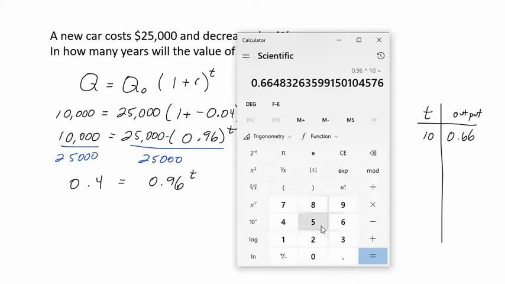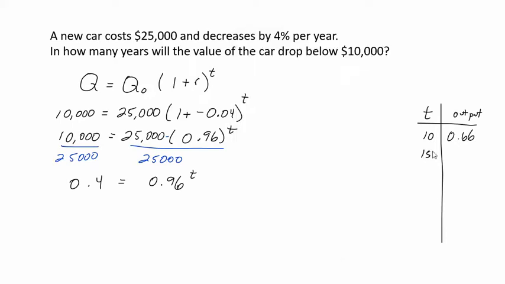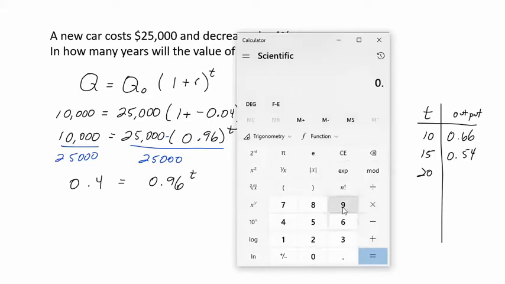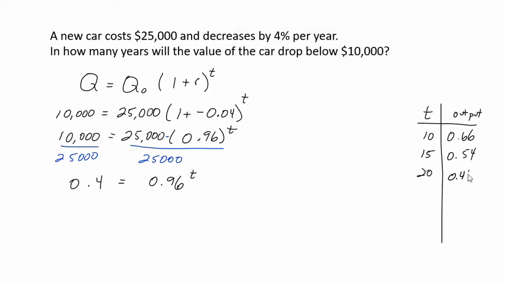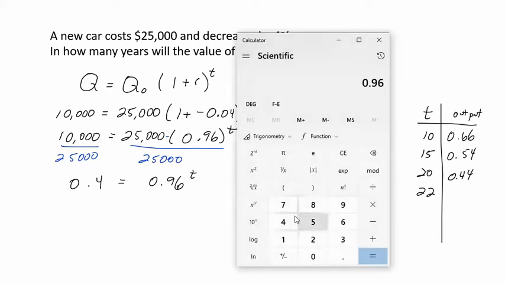So let's try 15 years. So I'm going to go 0.96 to the 15th power. Alright, that's 0.54, so that's not enough either. Let's try 20. 0.96 to the 20th. Ooh, that's pretty close. So that's 0.44. Alright, let's try 22. 0.96 to the 22.